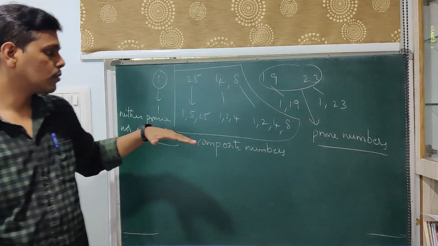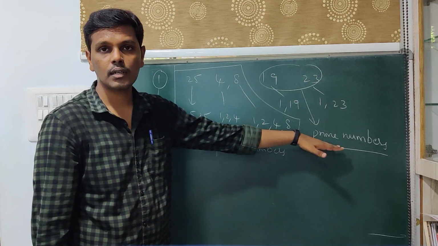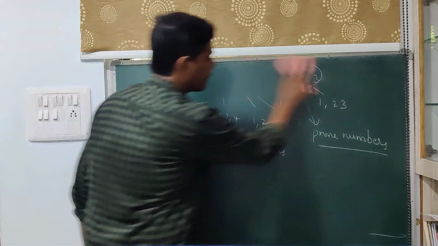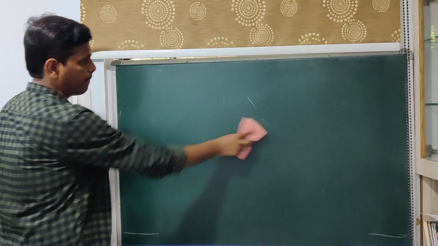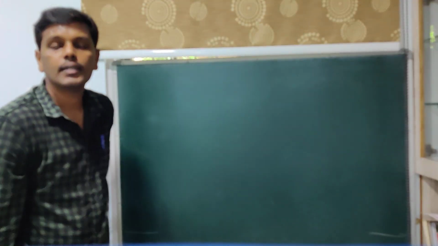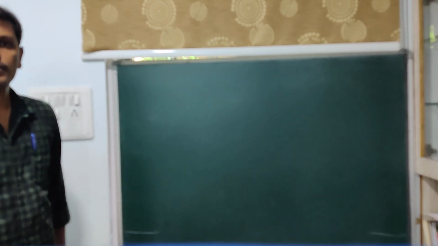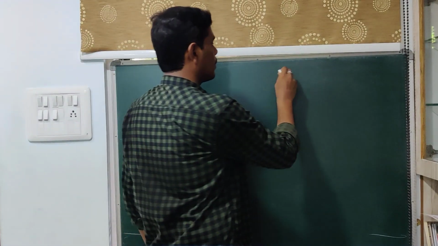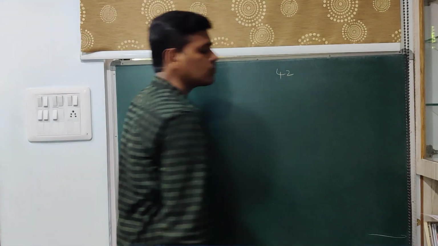Now I will be going through composite numbers and prime numbers together. In your lower classes, you might have studied prime factorization. Once again, I'll recall the same. Suppose you have a number 42.